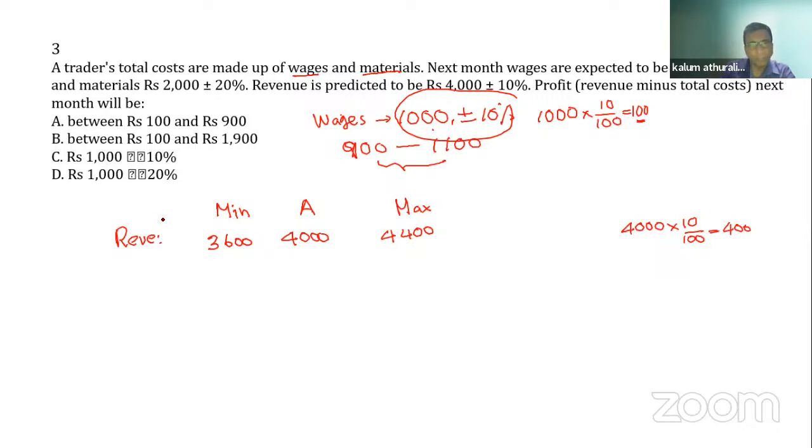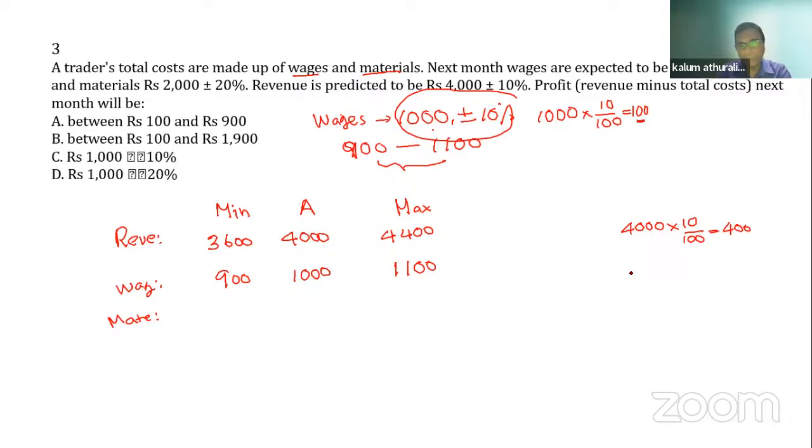Right. Then there are two costs, wages and the next one is material. We know the minimum value of wages is 900, average one is 1,000, maximum wages is 1,100. Then next, material. How to get the material?